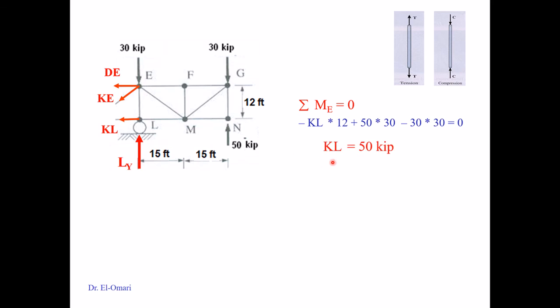You get KL is 50 kip, or it's a positive 50. Please be careful. Here, positive 50 means that you gave the right assumption, so you don't need to change the direction of that. So, which means that if this is coming out of the joint, then we said that this should be tension.